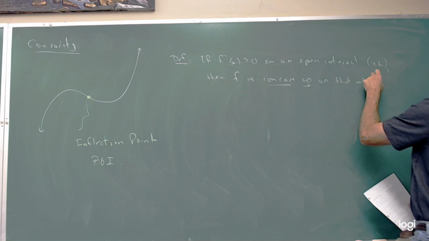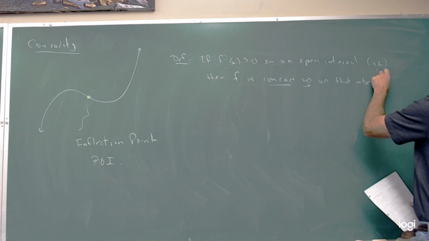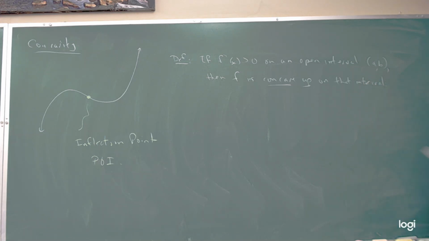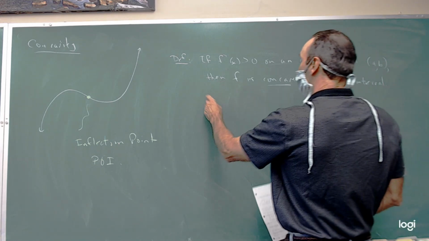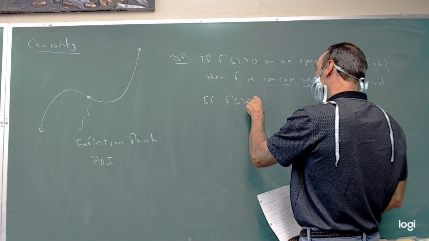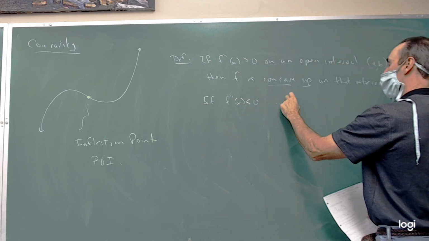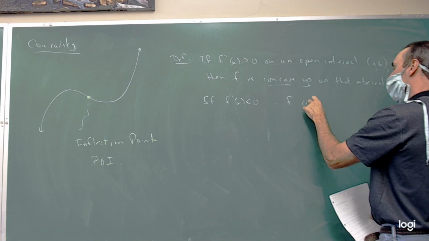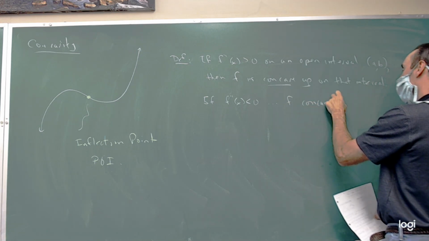They make no bones about it. They're saying it's always going to be concave up or concave down on an open interval. Remember, for increasing and decreasing we include the endpoints unless the function is not defined at an endpoint, but concave up and concave down is always going to be an open interval. And likewise, if f double prime of x is negative, then it's going to be concave down. I'm not going to rewrite the whole thing.